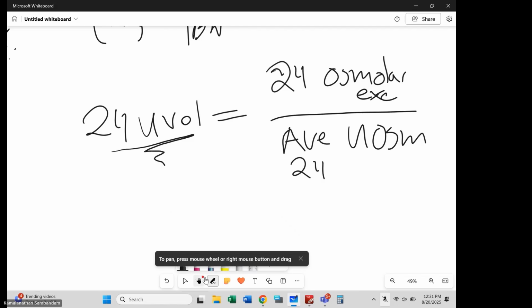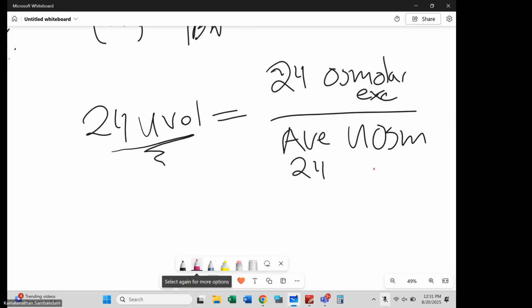I can give you, for instance, a vasopressin antagonist. I can lower the urine osmolality by giving you a vasopressin antagonist. That will increase my urine volume. That's expensive and is only approved for short-term use, okay?